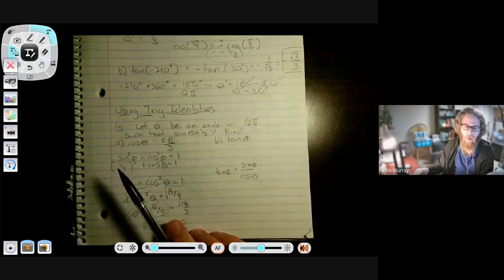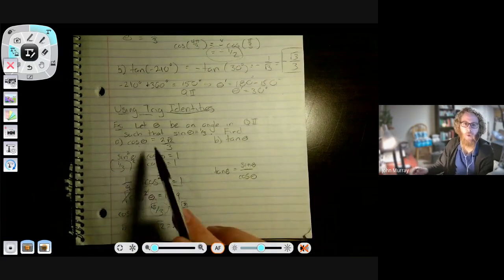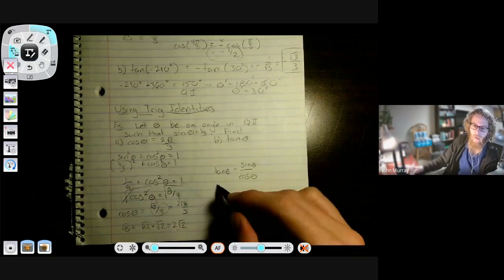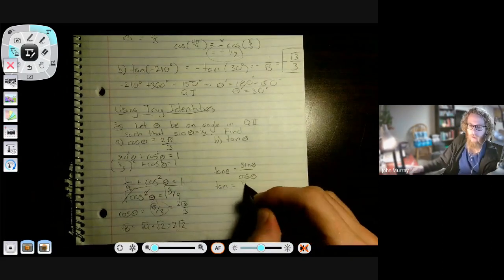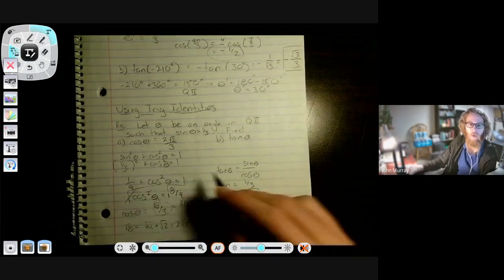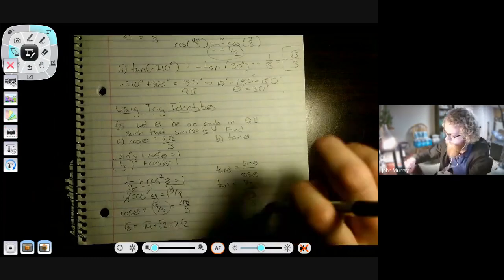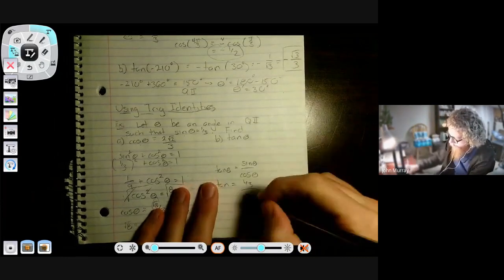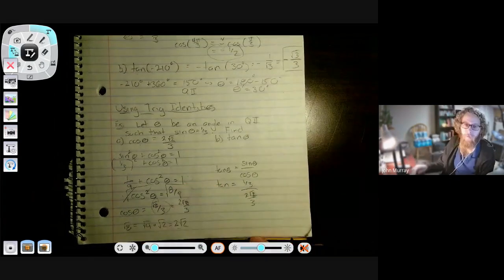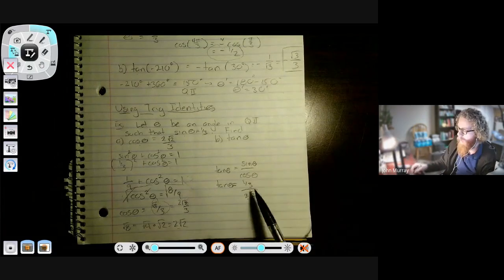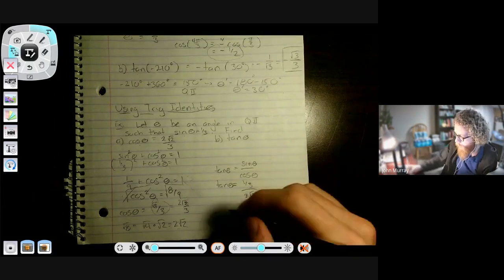Now we can find tangent because we have sine and cosine. Sine is 1/3. Cosine is 2 root 2 over 3. Let me fix that. All right, so here we're dividing fractions. Always got to have the theta there. We're going to do keep, change, flip.